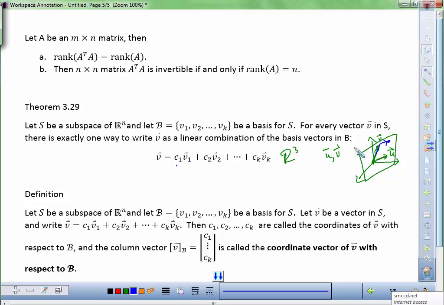If the point is not on the plane, then there's no way we can use the same two vectors u and v to get to that point. Does that idea make sense? That's what this is saying. Every point on the subspace can be written as a linear combination of the basis vectors.